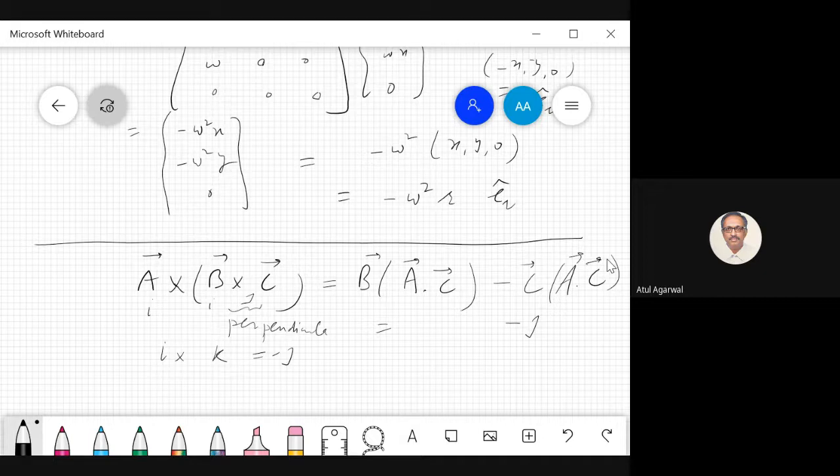Sorry, B A dot C minus C A dot B. And this is i dot i, this is 1. So you get minus j. So your formula is all right. Usually there is an issue of this sign, whether you have to write this first or that first. So now this is done.